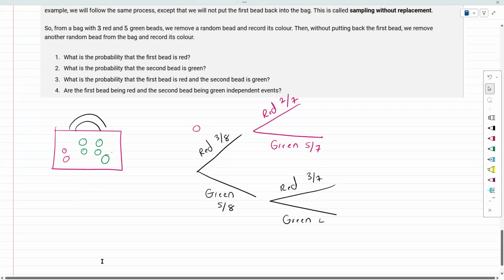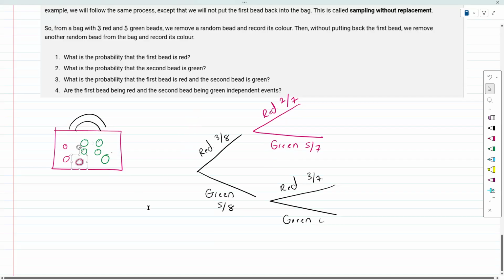That's fine, 3 out of 8. But if I wanted another red marble, my probability would be 2 out of 7, because there are 2 red and 7 marbles. But if I took out a red marble and I wanted a green marble, my probability would be 5 out of 7. And that gets put back.